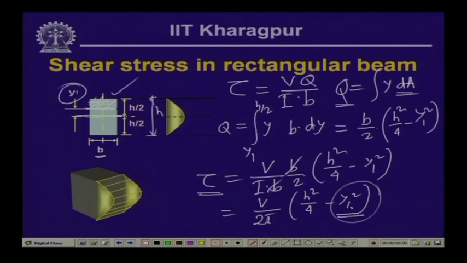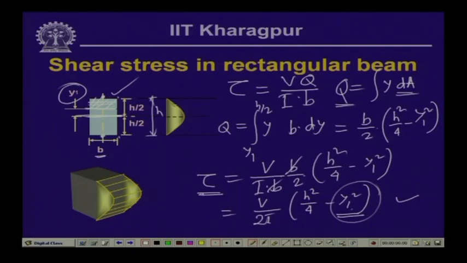When y 1 is equal to 0, we get the maximum value of tau. That implies that at the neutral axis we get the maximum shearing stress, and as y 1 becomes plus h by 2 or minus h by 2, the shearing stress becomes 0, as we noticed earlier that at the top and the bottom of the beam the shearing stress is 0.